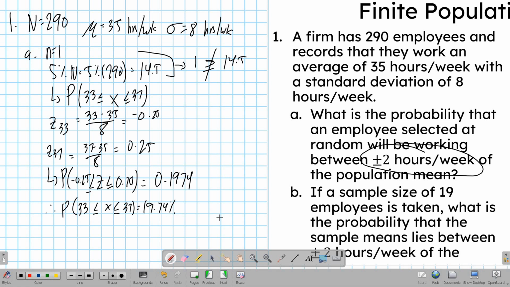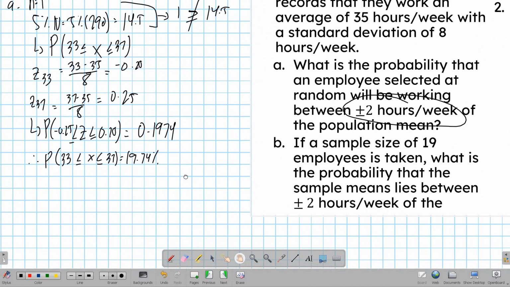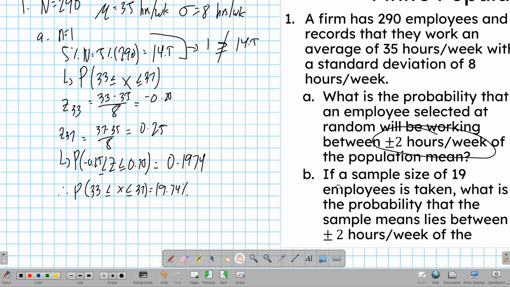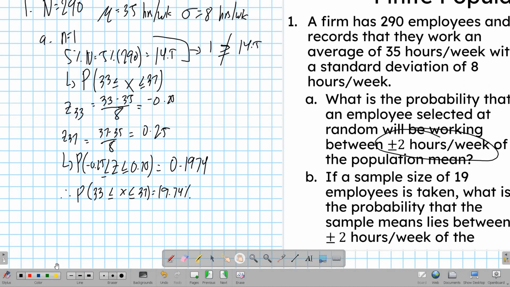Now, if we apply letter B: if a sample size of 19 is taken, what is the probability that the sample mean lies between plus or minus 2 hours? So now that we have a sample size of 19, will we apply our population correction?